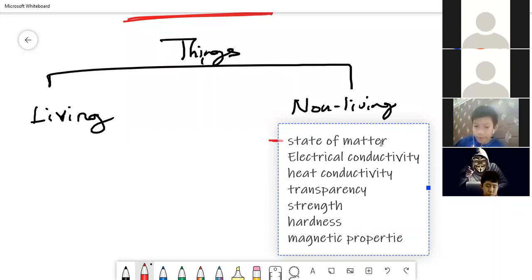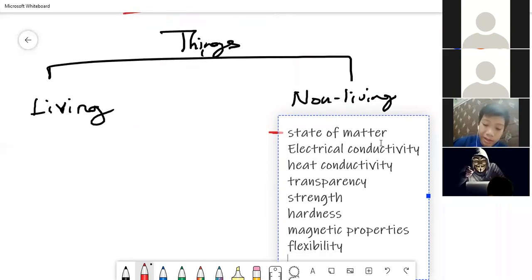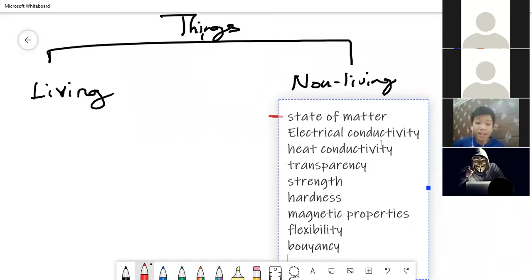Magnetic properties. Oh, we have a lot. Magnetic properties, flexibility. Do not pass this one in our group, but soon I will ask you to pass this one. Buoyancy and texture.